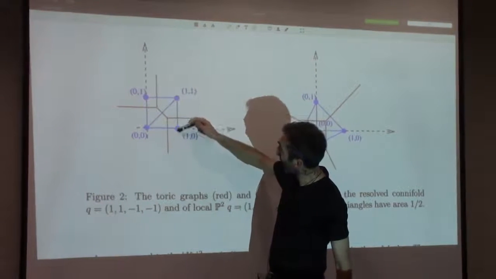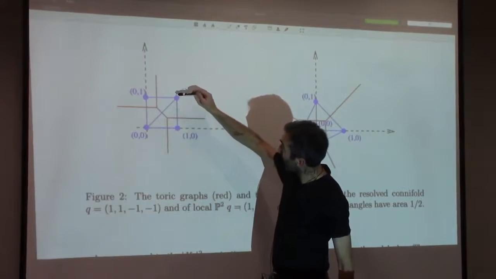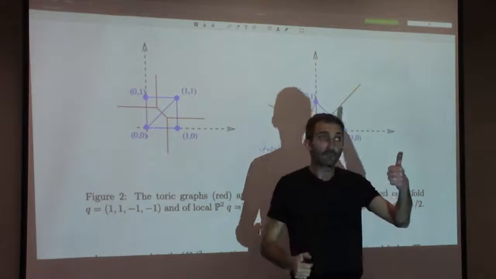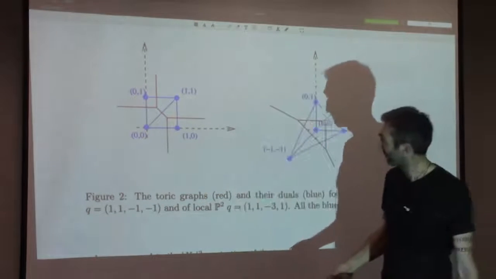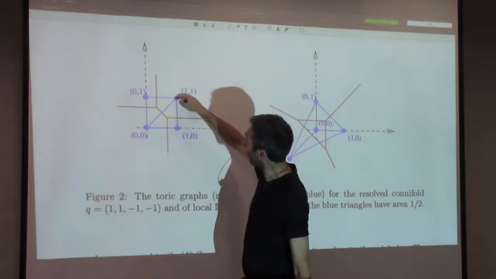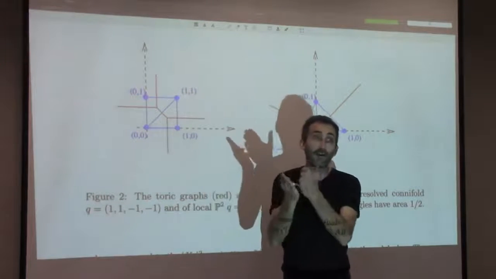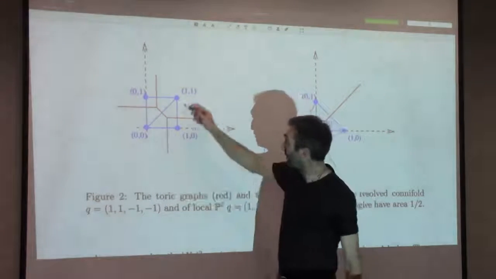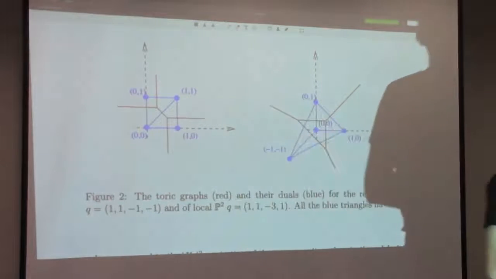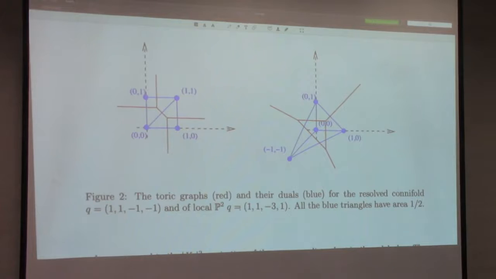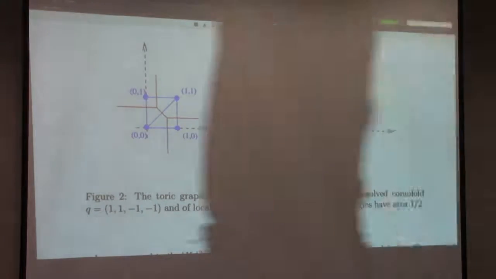Each point corresponds to a face of the polyhedron, and you draw a line if two faces are adjacent. That makes the blue graph, and this blue graph will be the Newton polygon of the mirror.